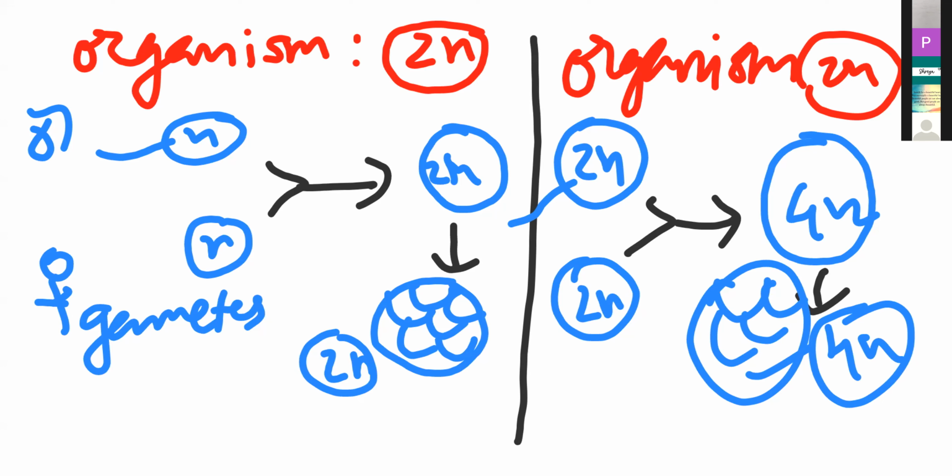To maintain it, when the species reproduces sexually, when it uses gametes, two cells are required. One is male and one is female, which will make one cell of the next generation body. Because two cells have to meet, they cannot afford to keep themselves diploid.